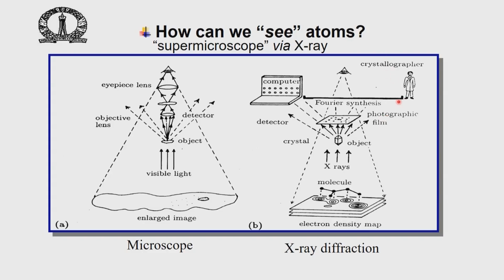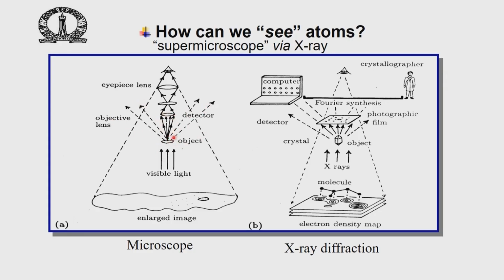So what is the thing we need to construct? If we have the knowledge of the phase as well as the amplitude information, like in the case of a normal microscope where we have visible light as the probe, and visible light falls on an object, the object scatters radiation in all possible directions.